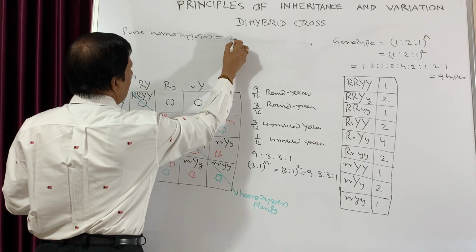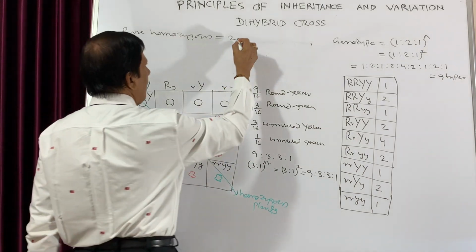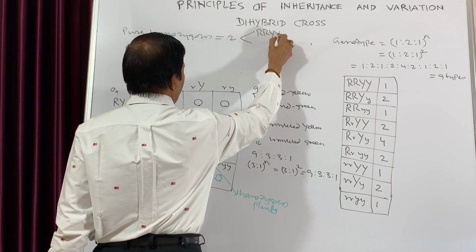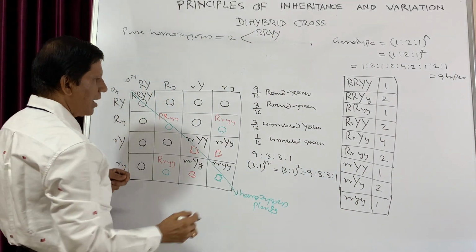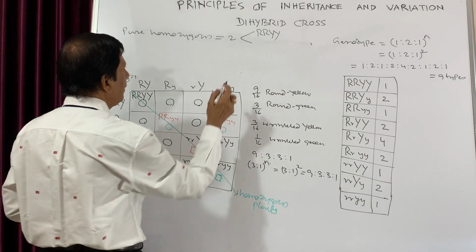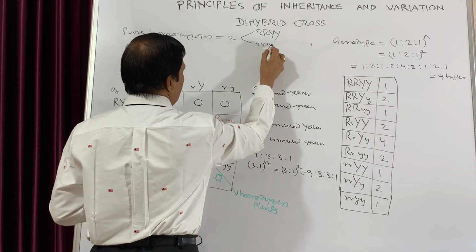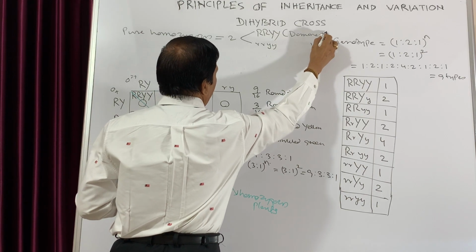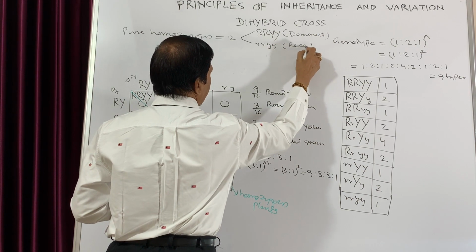Pure homozygotes are only 2. And what are these 2? One is capital R, capital Y, this number 1, and the last one, that is small r, small y. This is dominant and this is recessive.